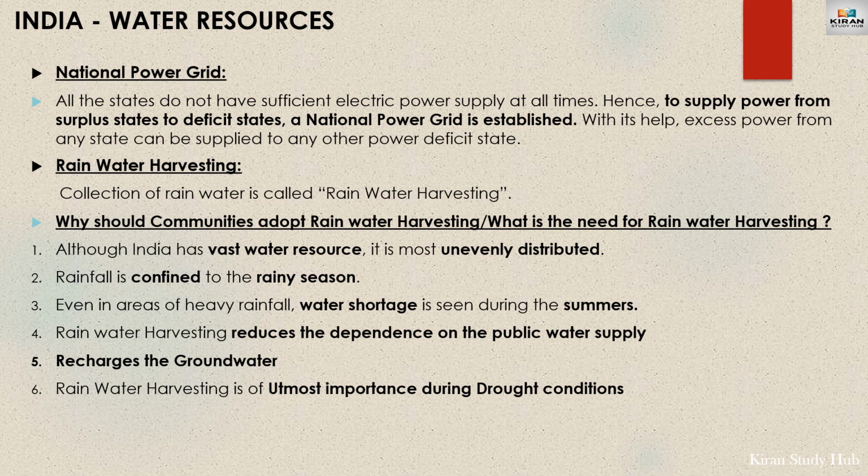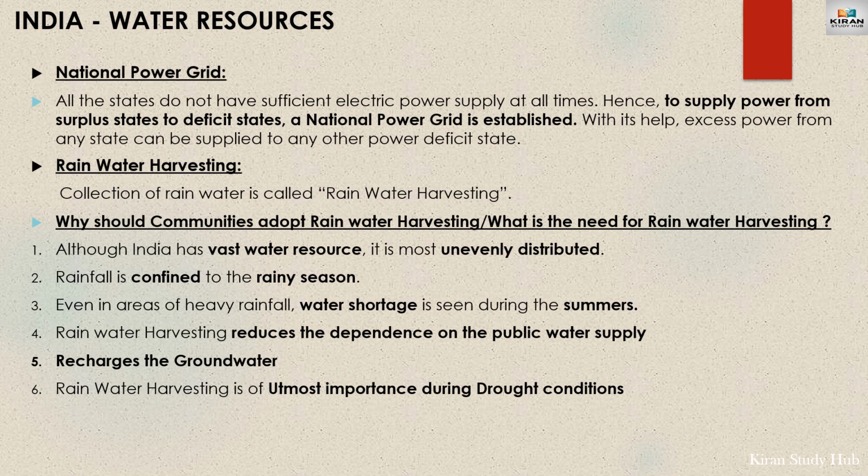Collection of rainwater or harnessing the rainwater is called rainwater harvesting. Why should the communities adopt rainwater harvesting, or what is the need for rainwater harvesting? That's the question. Although India has vast water resources, it is mostly unevenly distributed, and rainfall is mostly confined to the rainy season.